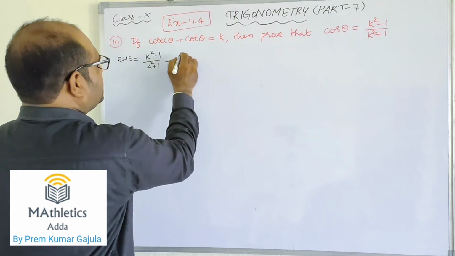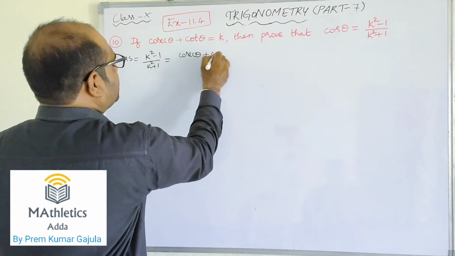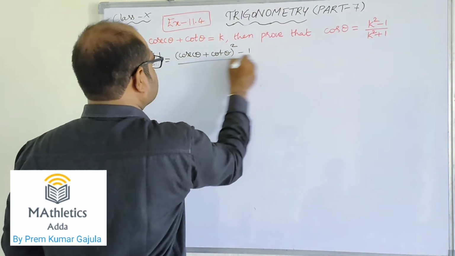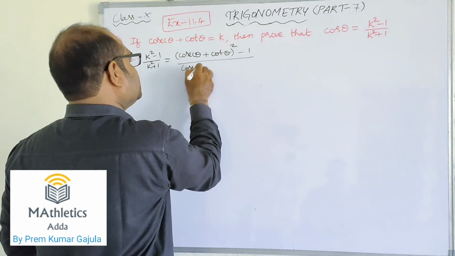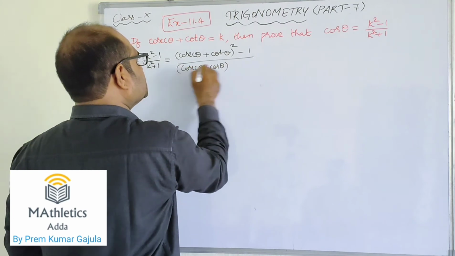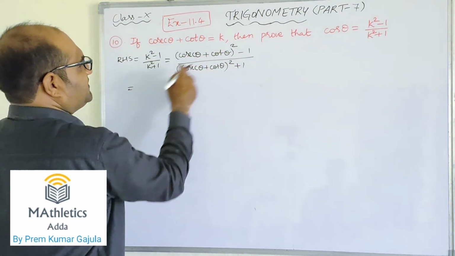So we know that k value is this, so just substitute: cosecant theta plus cot theta whole square minus 1 by cosecant theta plus cot theta whole square plus 1. And this is in the form of a plus b whole square.